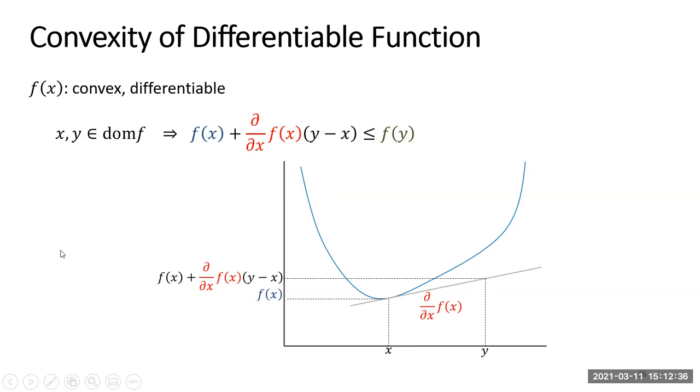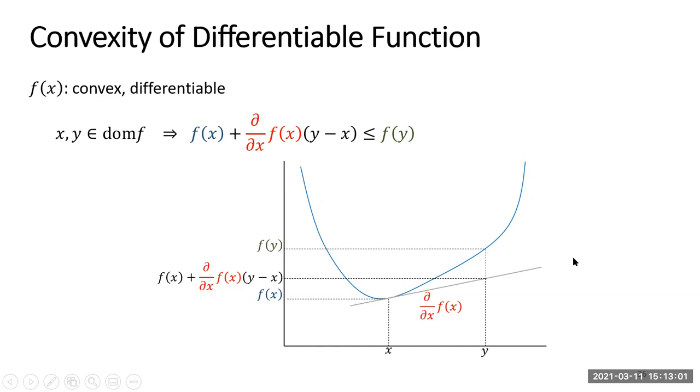Now what's f of y? This is y. What's f of y? This point here, right? This is f of y, the right side. And you can see that f of y, this is a convex function. And so f of y is more than the expression on the left.